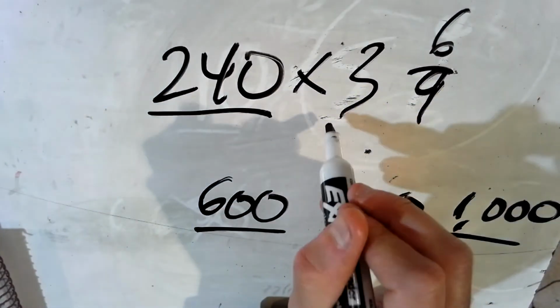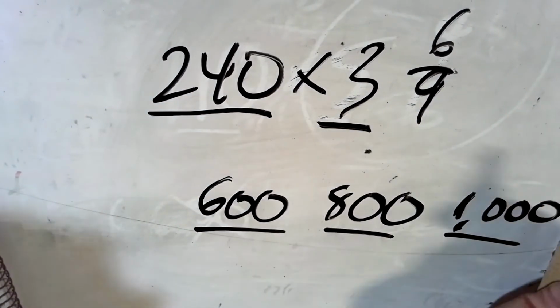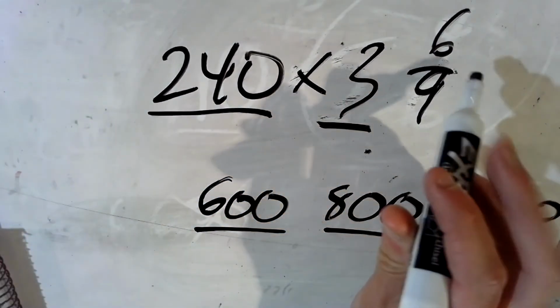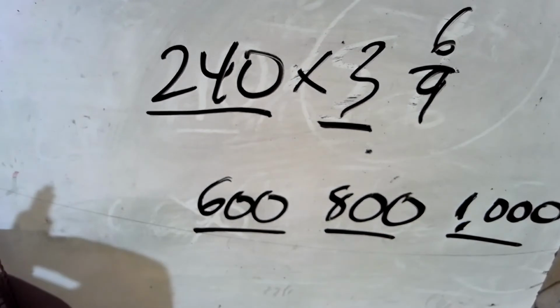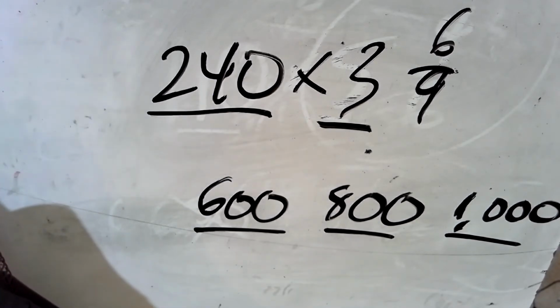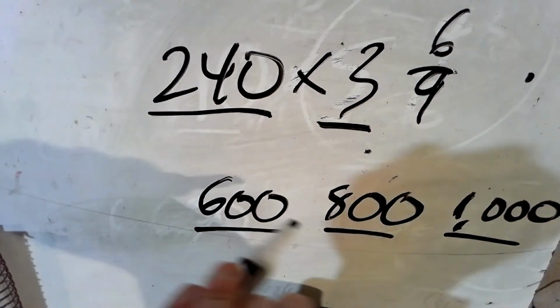We know 250 times 3 is 750. And it's almost 4, but not quite. Which do you think is the best estimate and why? Let's think.